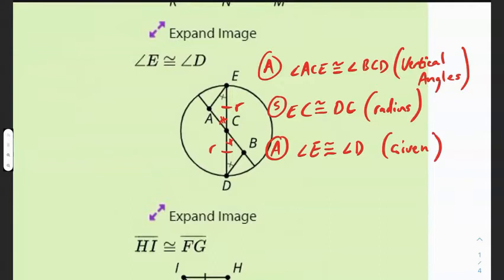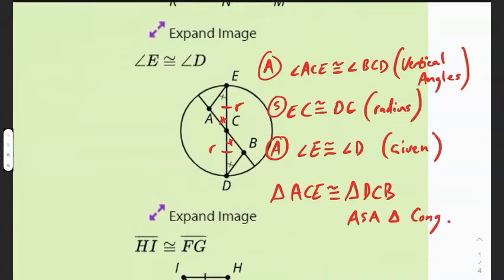Yes. So triangle ACE, and that's based on the assumption that we can use the radius for EC and DC, right? So triangle ACE is going to be congruent to triangle DCB. Okay, and that's angle side angle, triangle congruence.